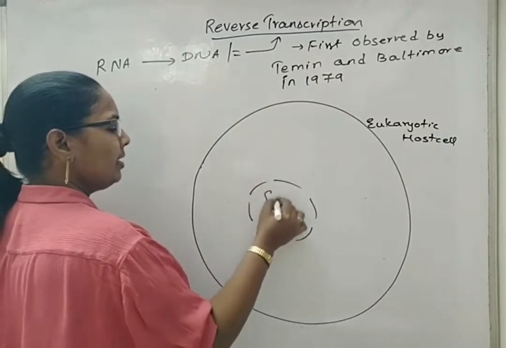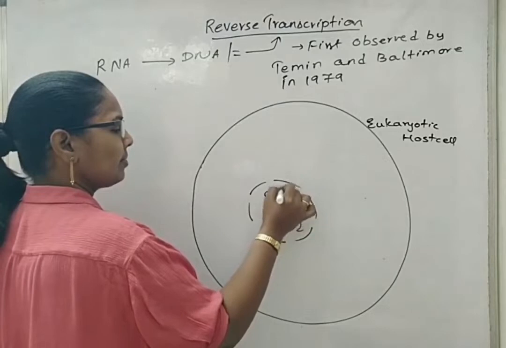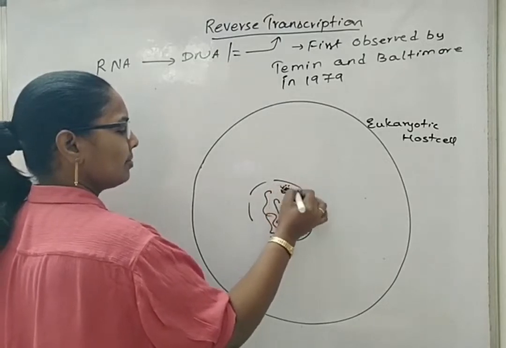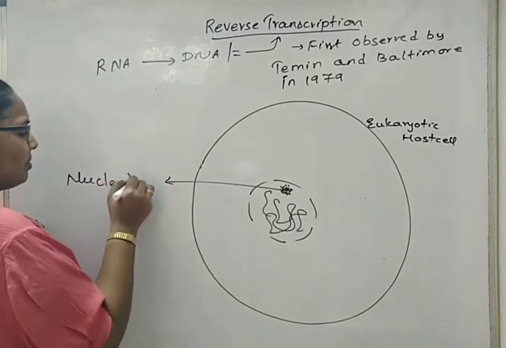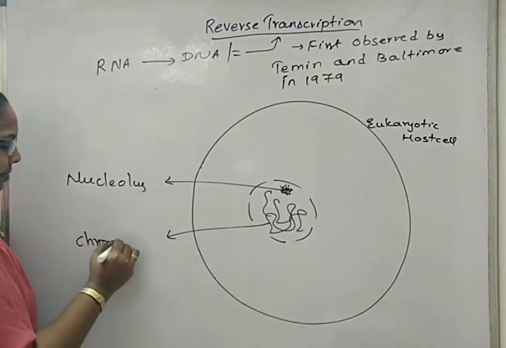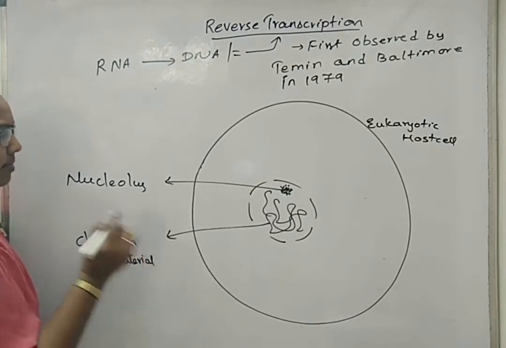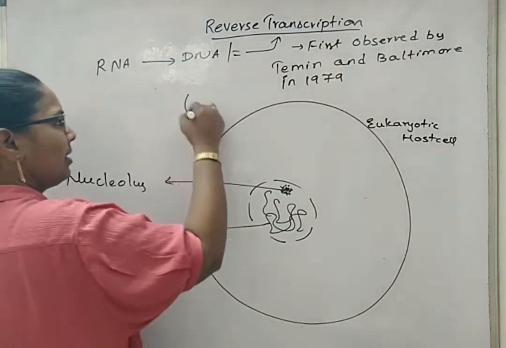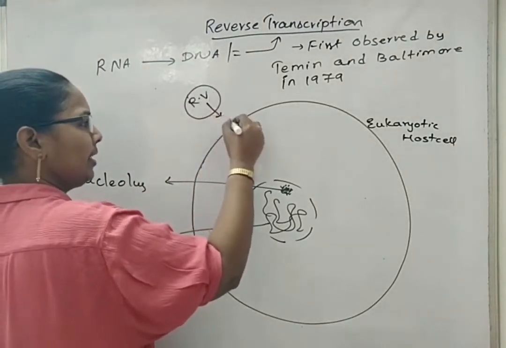Inside the nucleus is the genetic material along with the nucleolus. So this will be the nucleolus. This will be chromatin material. Now, a retrovirus will be infecting the host.